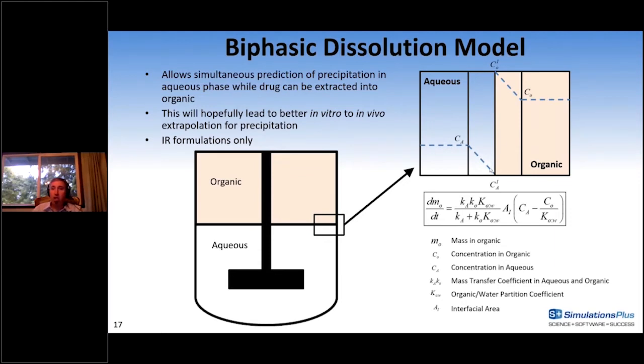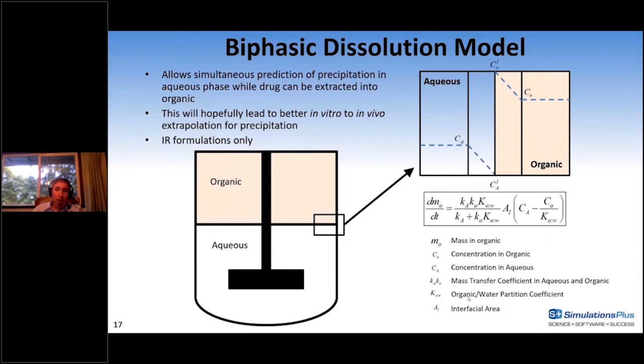And then there's a partition coefficient that determines the concentration difference between the aqueous and organic at the interface. And again, the interfacial area is an important aspect. And then the driving force for the drug going from the aqueous to organic phase is the free drug in the aqueous phase that's dissolved, and then the organic concentration divided by the partition coefficient.